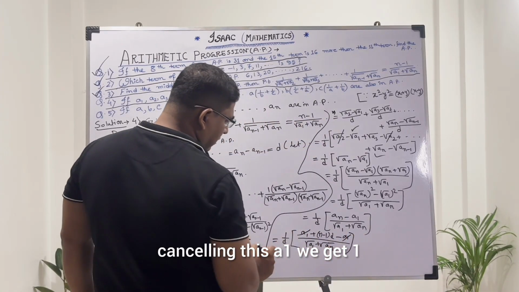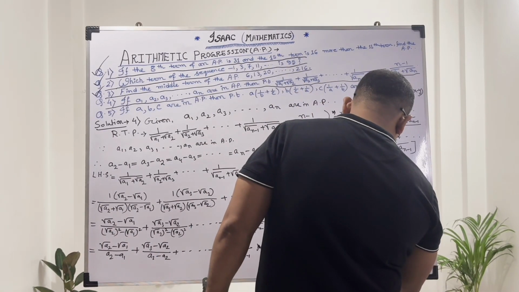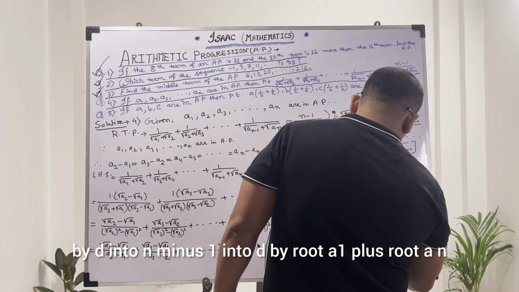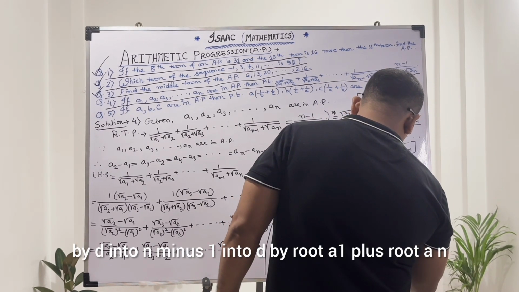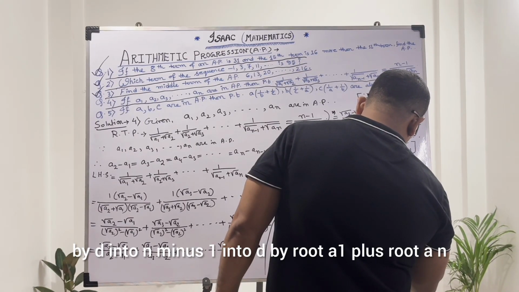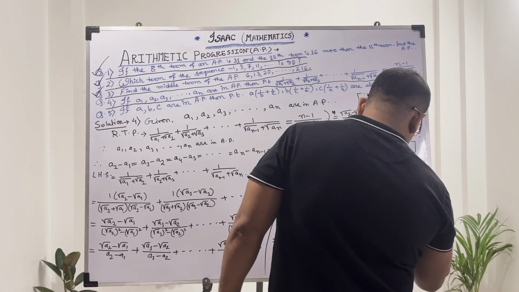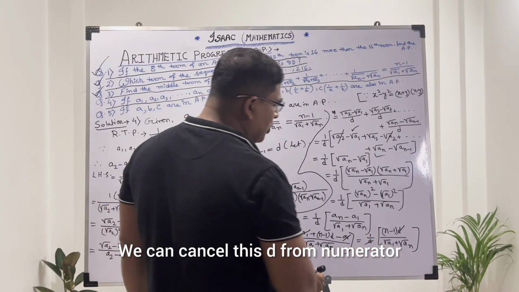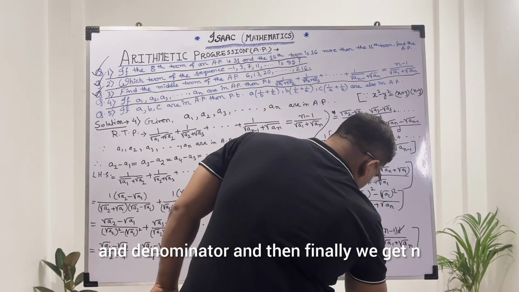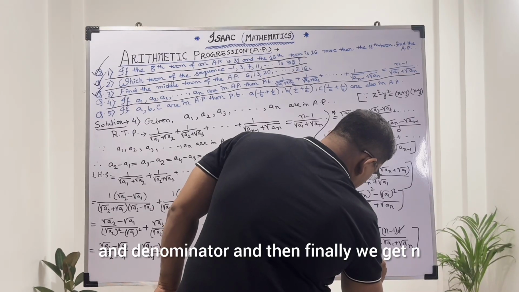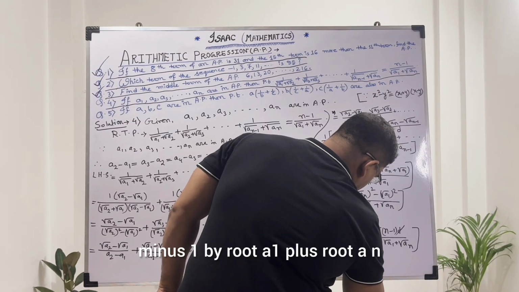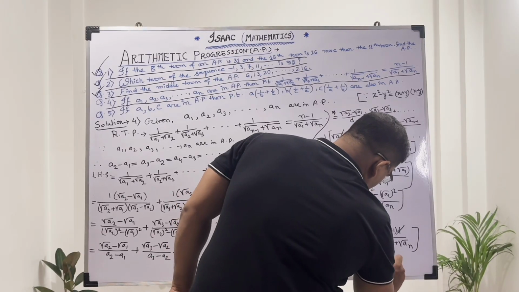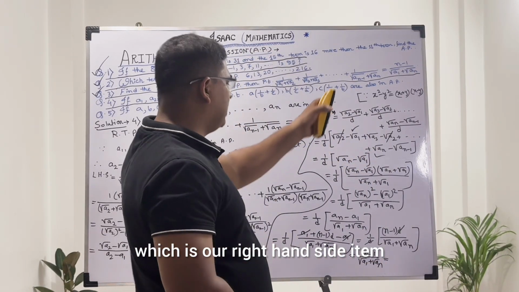Cancelling this A1, we get 1 by d into n minus 1 into d by root A1 plus root AN. We can cancel this d from numerator and denominator, and then finally we get n minus 1 by root A1 plus root AN, which is our right hand side item.